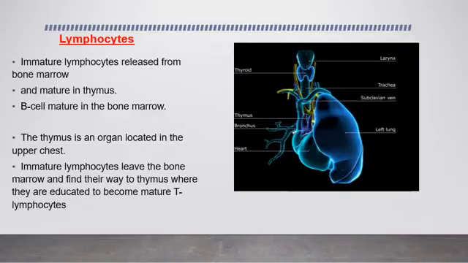So we have immature and mature cells. These T cells are a type of white blood cell, as I mentioned, known as lymphocytes. The lymphocytes, as I told you before, protect the body against pathogens and cancer cells.